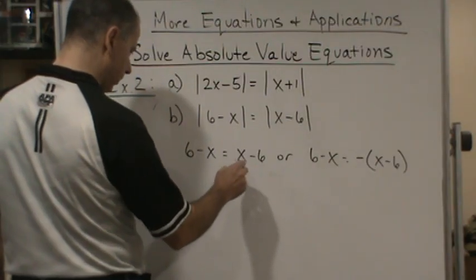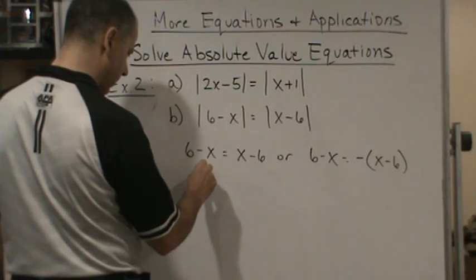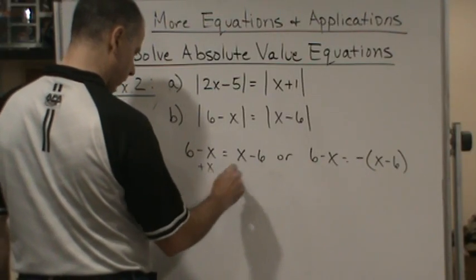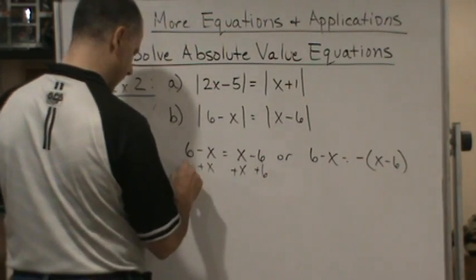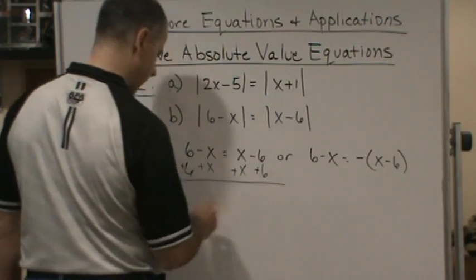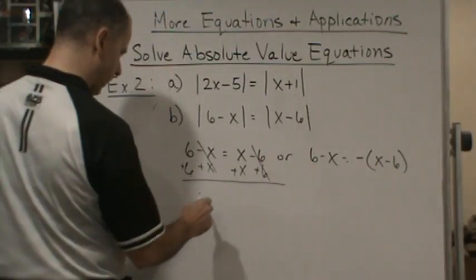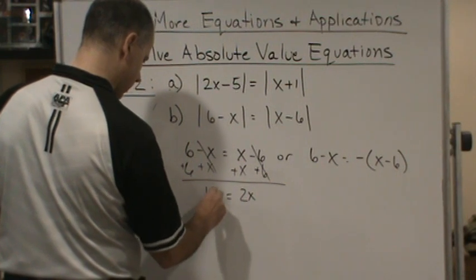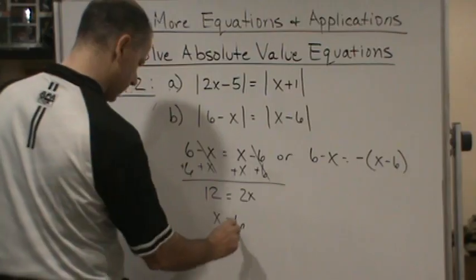Well, if we add x to both sides, and then add 6 to both sides, these are going to cancel, and we get 2x equals 12, and we get x equals 6.